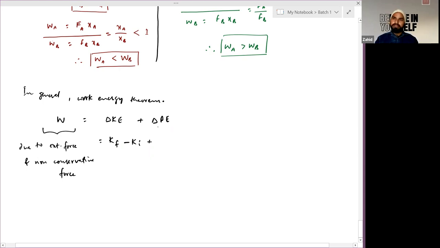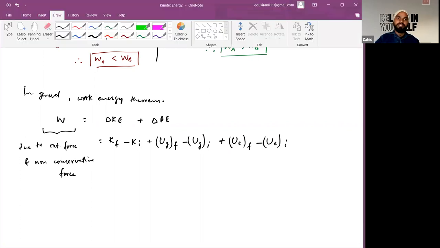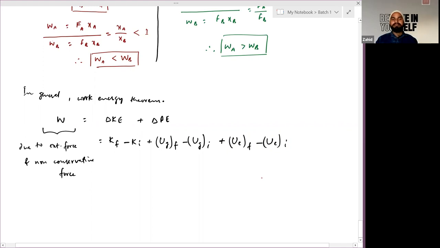One is due to gravitational potential energy, so it will be potential energy due to gravity final minus potential energy due to gravity initial, or it will be due to elastic potential energy, that will be due to the spring-mass system, so it will be potential energy final minus potential energy initial. So in general, the net work done or work-energy theorem will be like this. Is it clear?